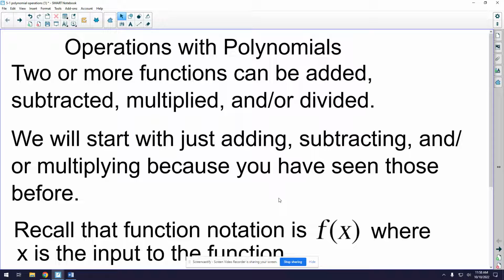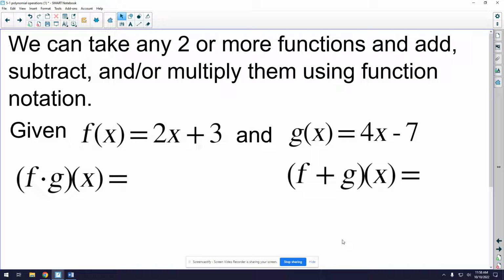So we also need to recall a function has a notation of f of x or g of x or h of t, something like that, where you have your function name on the outside and x or whatever's on the inside of your parentheses is your input to that function. So we can take any two or more functions, add, subtract, and or multiply them using your function notation. So this 2x plus 3 is the polynomial part, and this x minus 4 is the polynomial part.